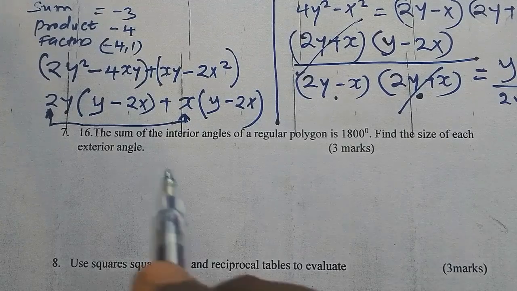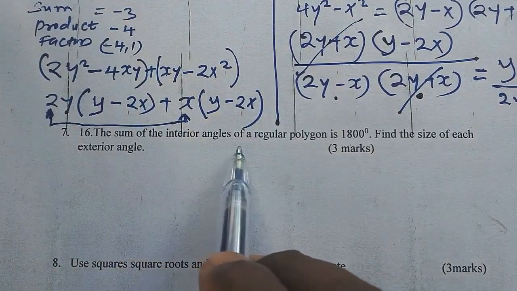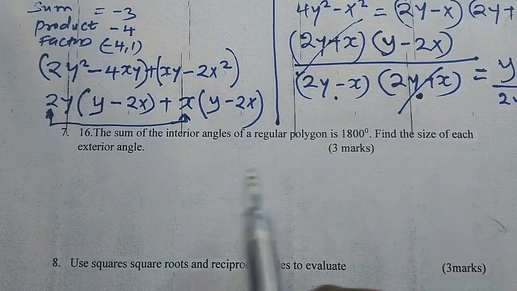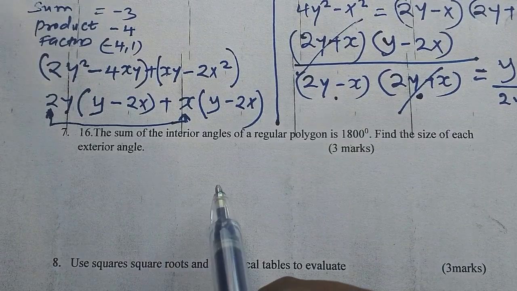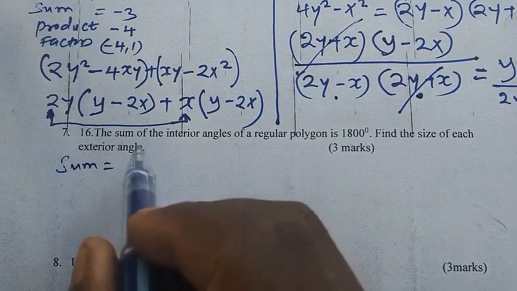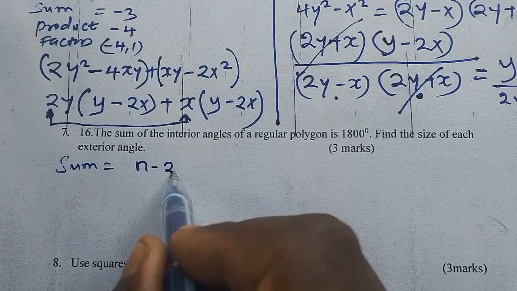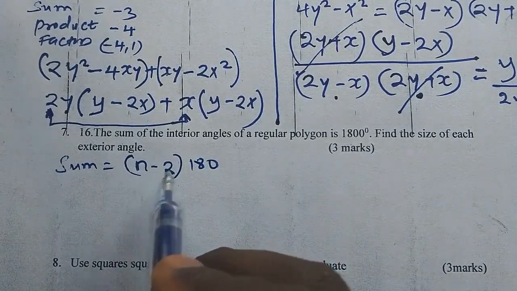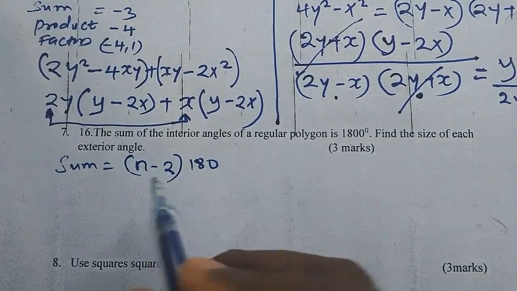The sum of interior angles of a regular polygon is 1800. Find the size of each exterior angle. So the sum is given by n minus 2, which is the number of triangles, times 180. Number of triangles times 180 will give us the sum of interior angles.